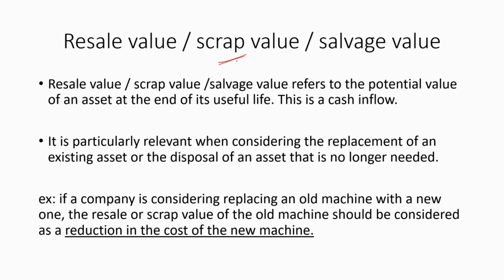Resale value, scrap value or salvage value. These terms can be used interchangeably, but they are a little bit different from each other. Resale value is where assets can be sold to a new buyer who will use these assets for their intended purposes. Scrap value and salvage value is where the asset is being sold but will not be used for its intended purpose. Let's say you have a bicycle.